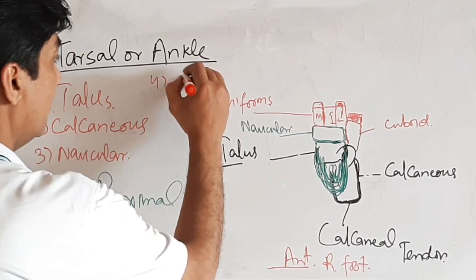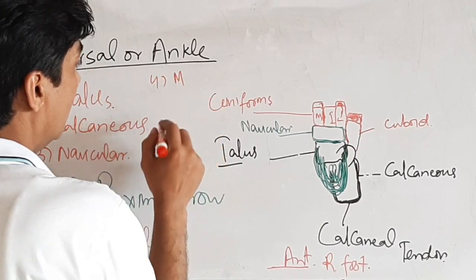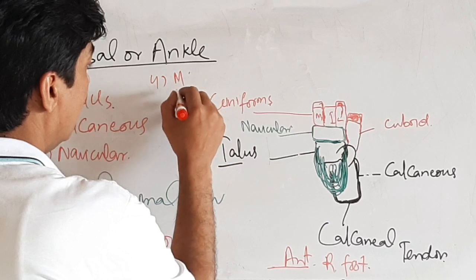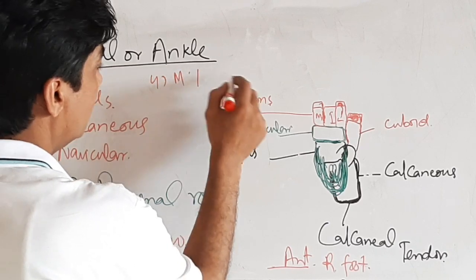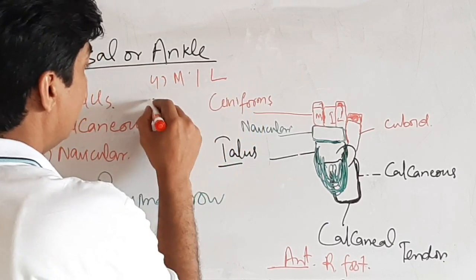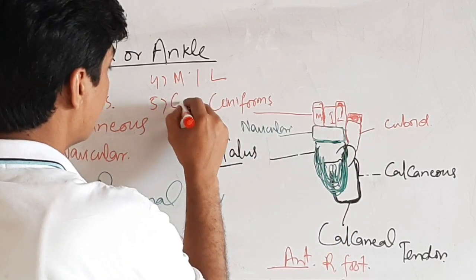So we can say M, I, L, and fifth is the cuboid bone.